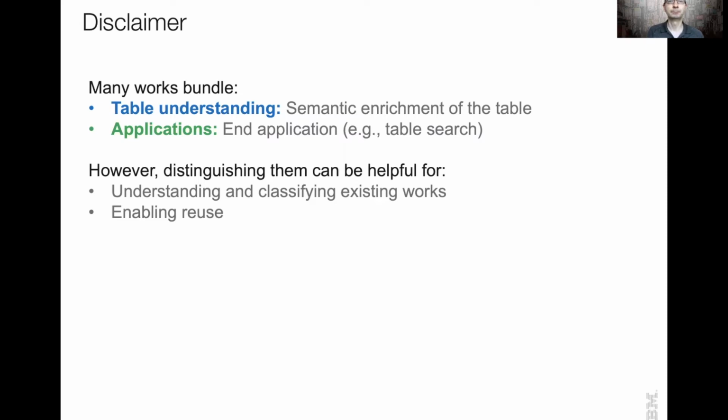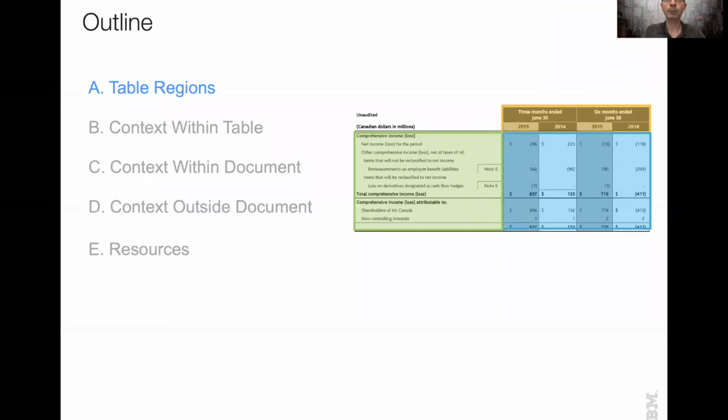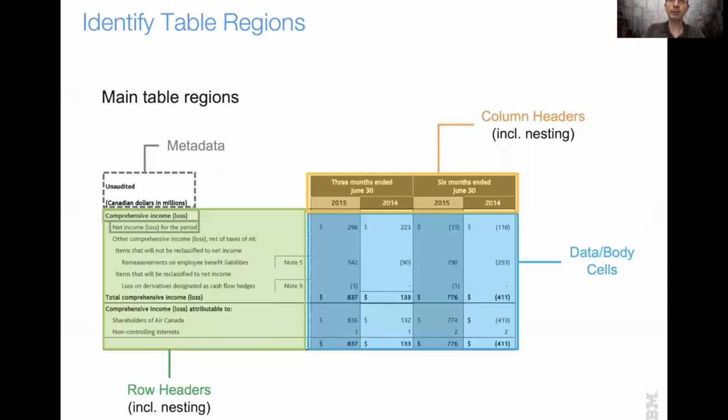Thank you. Let us now talk about the problem of identifying table regions. Tables are in general composed of three main regions: column headers, which describe the contents of the corresponding columns, row headers, which describe the contents of the corresponding rows, and data or body cells that contain the actual data.